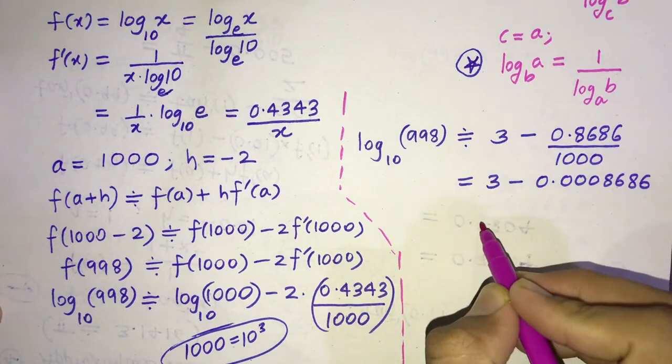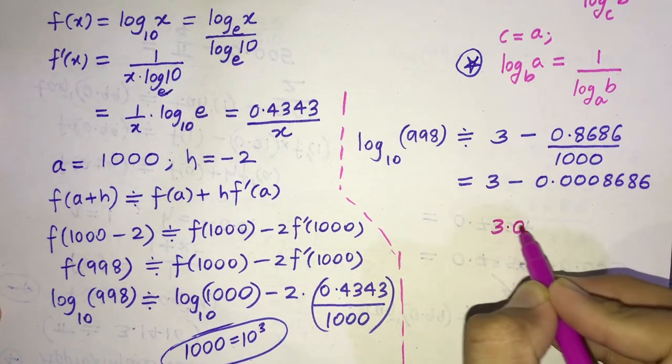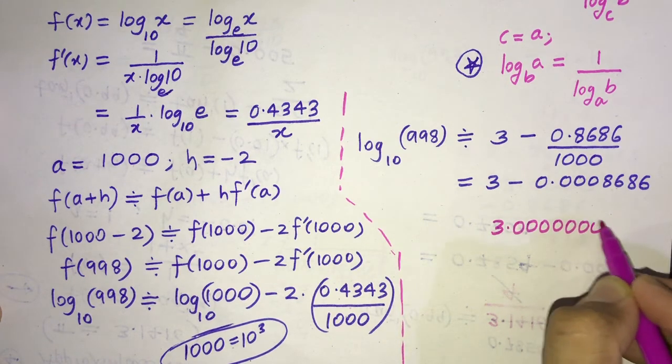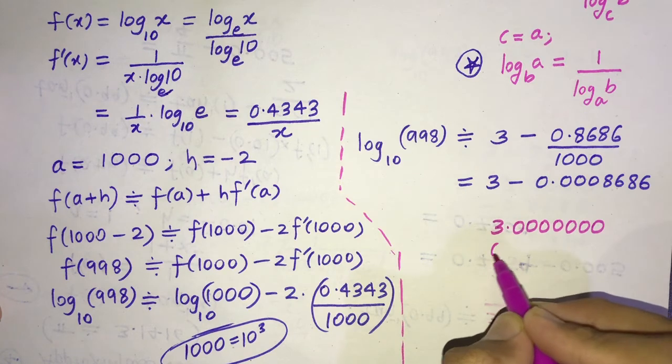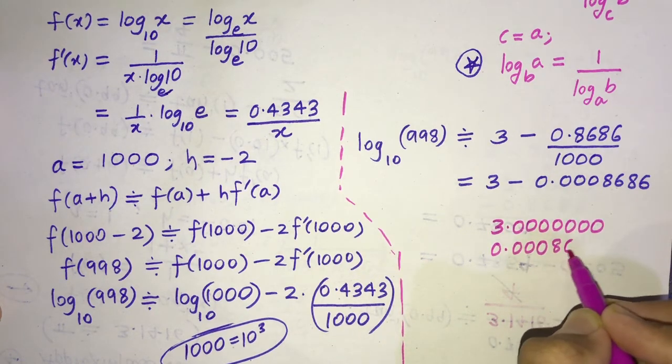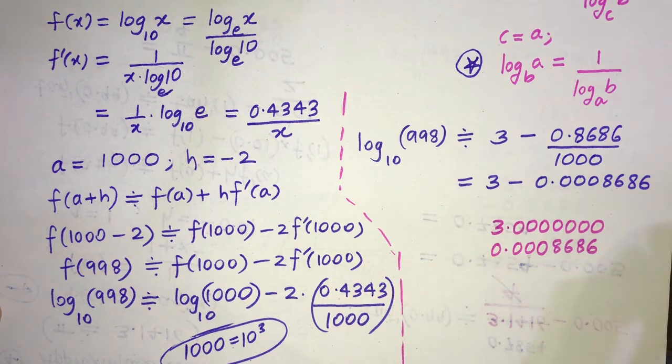The subtraction will be 3.000. Then we are going to have 4 more zeros. From that I need to subtract 0.000866, right?